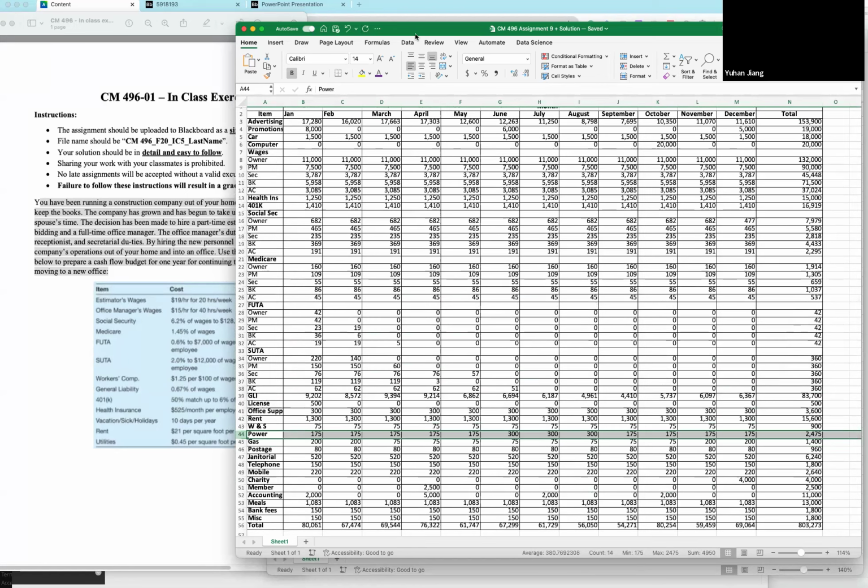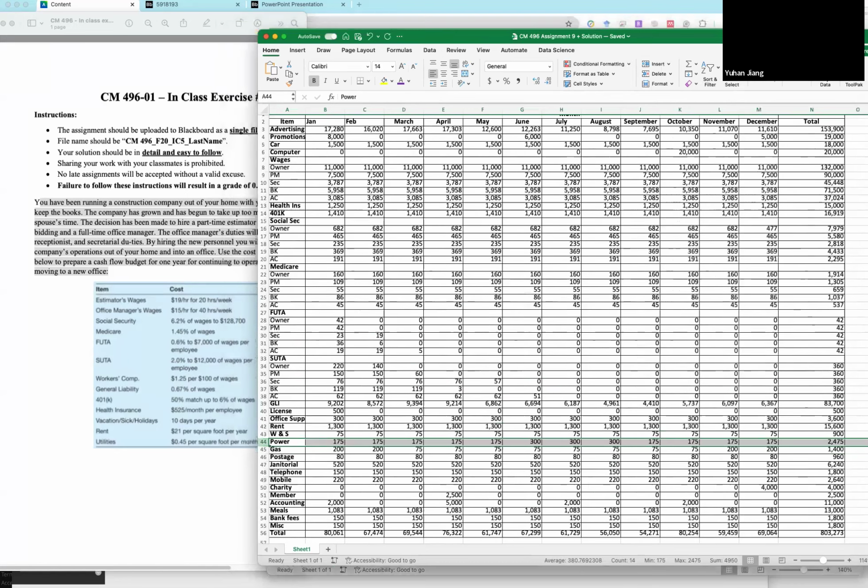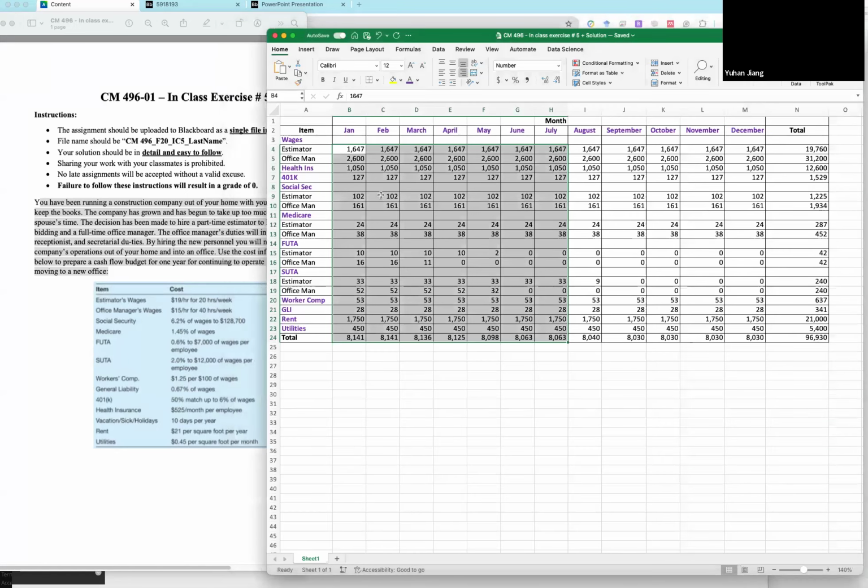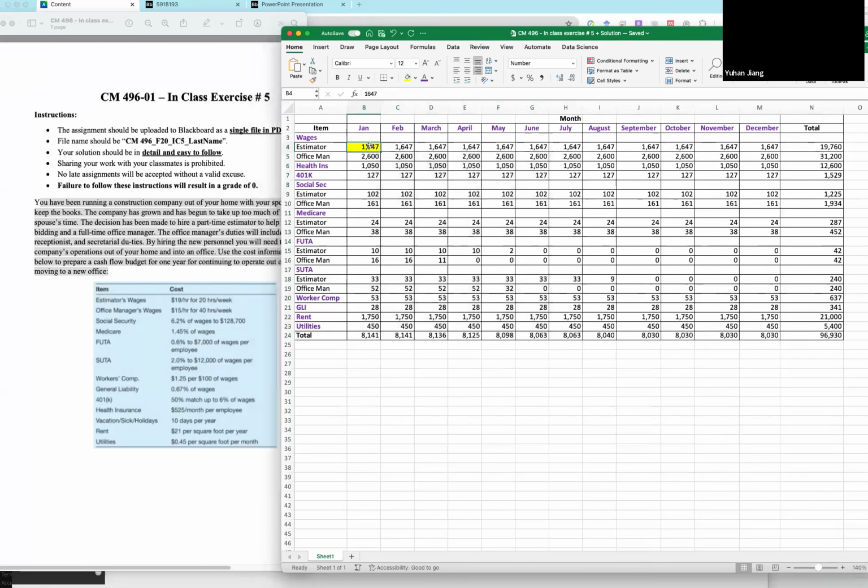So we're not using this one, so we move it away. These are all kind of the same thing. Let's do one example for the estimator.